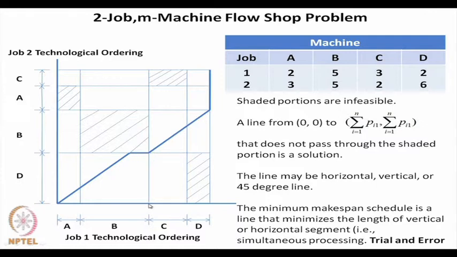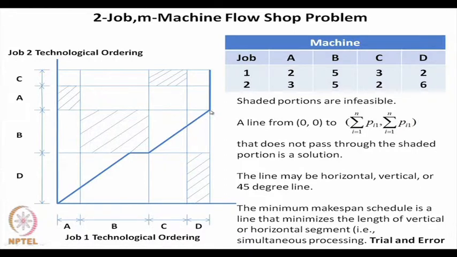Now, machine B's work is over at this point, machine C is now available to work on job 1, and at that point of time we proceed diagonally, that means machine B, which is now free, will take up the work on job 2. So, this will continue till this time, but at this time machine C would have completed its operation on job 1, and then machine D can start work on job 1.